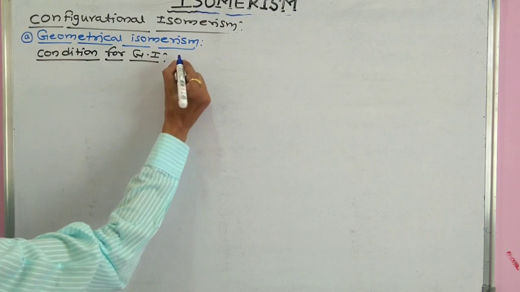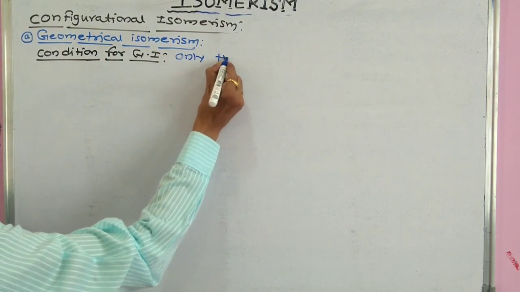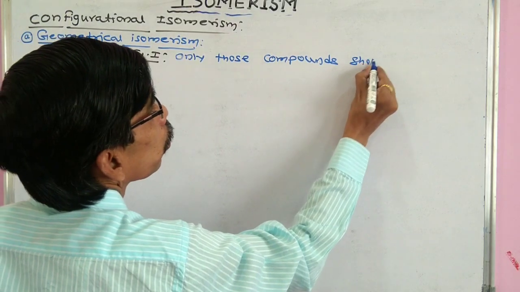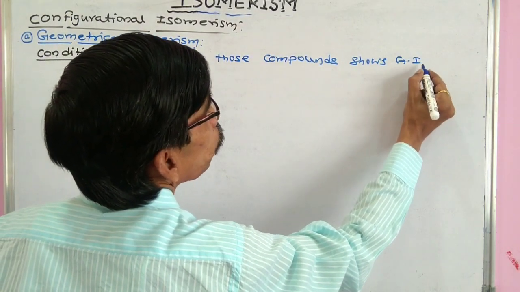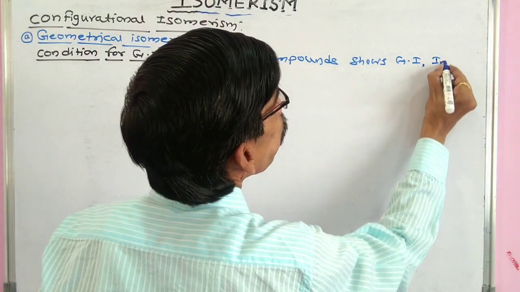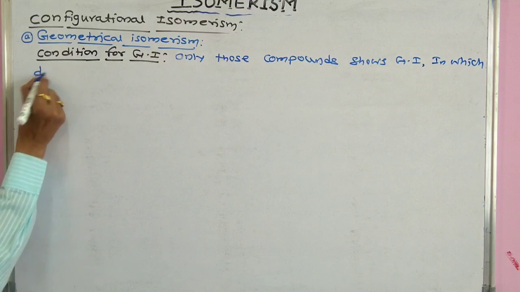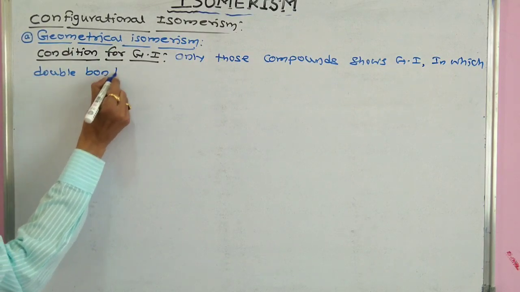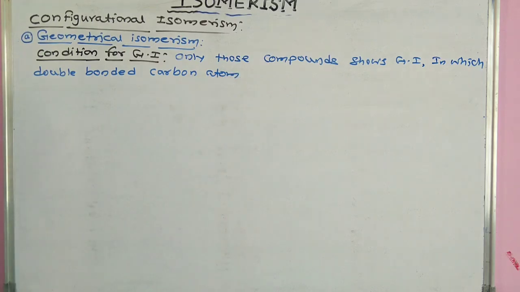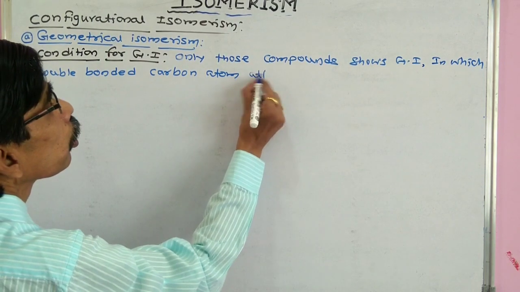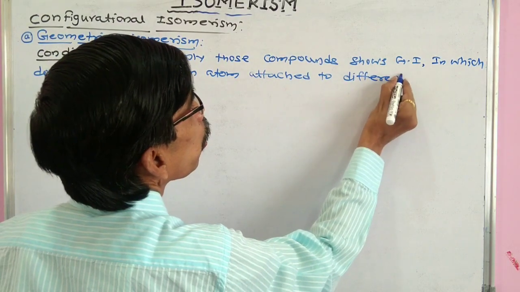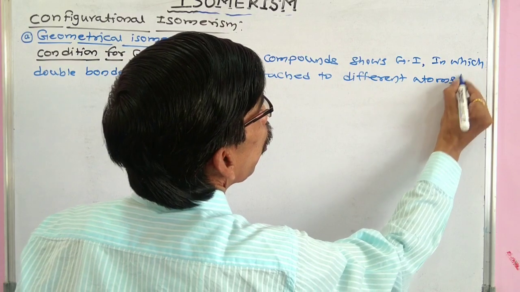So what is the condition? Only those compounds show geometrical isomerism in which the double bonded carbon atoms are attached to different atoms or groups.